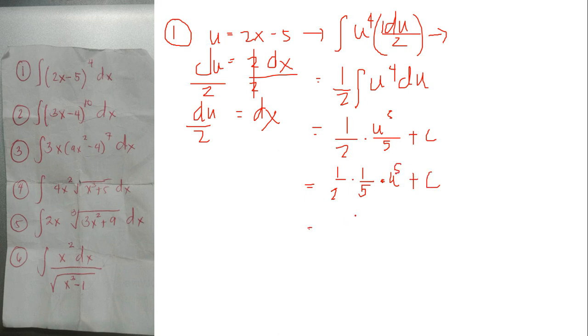Then 1/2 times 1/5 is 1 over 10. Then yung u natin dyan is (2x minus 5) raised to 5 plus c.